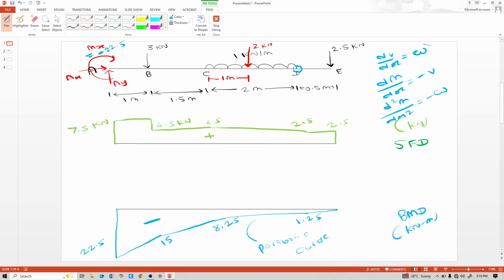That means if this w is 0, then the shear is constant. See, this w here is 0, so shear is a constant line.